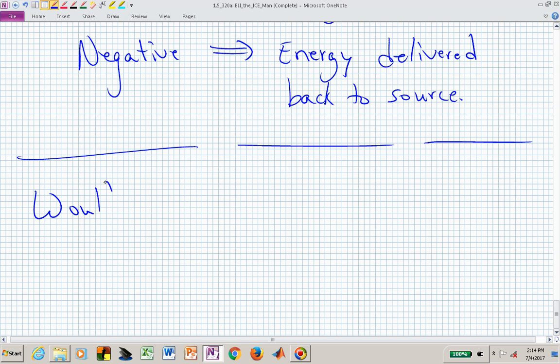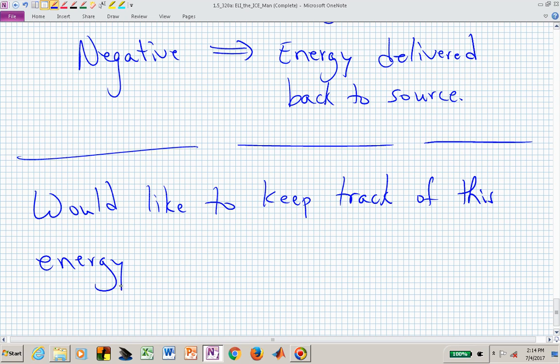For that reason, the power company is probably wanting to keep track, and we are too, because they're going to be charging us for that. We would like to keep track of what's going on, of this energy.